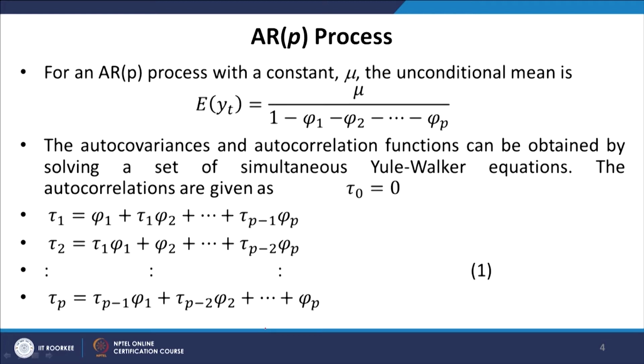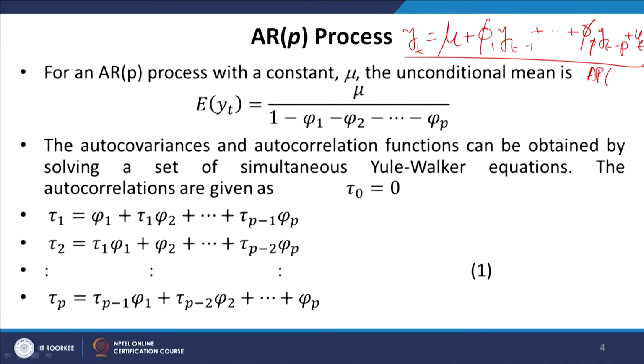Just for your reference, an AR(p) process would look like yt equals mu plus phi 1 yt minus 1 plus up to phi p yt minus p plus ut, where ut is a white noise error. So, this has 0 mean and constant variance and no autocorrelation or autocovariances between the error terms.